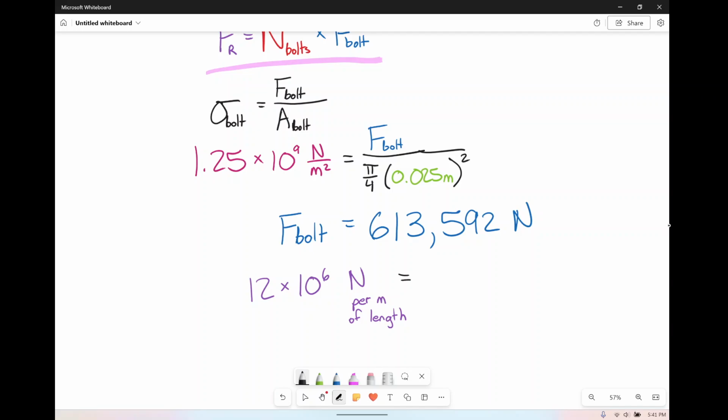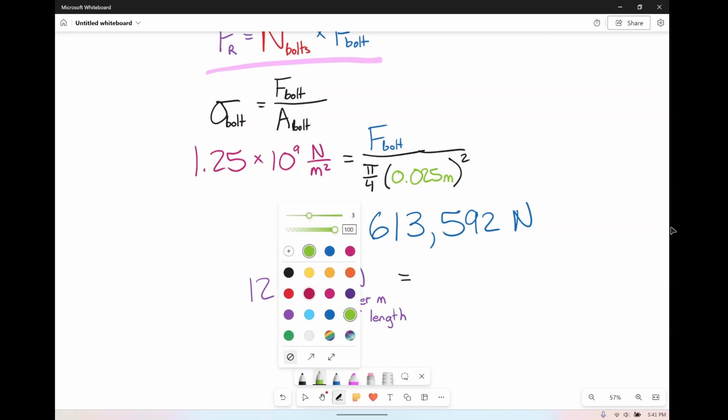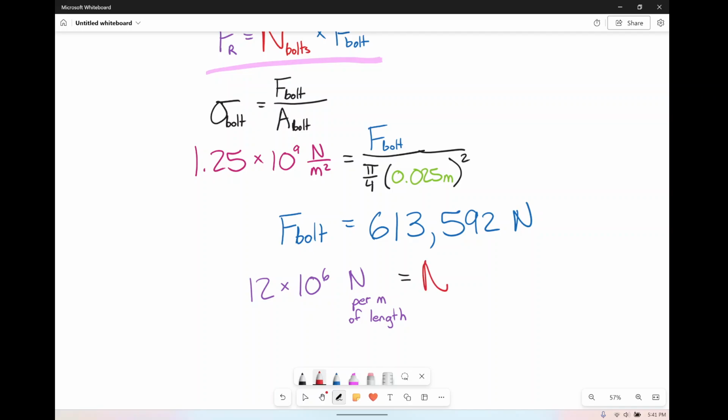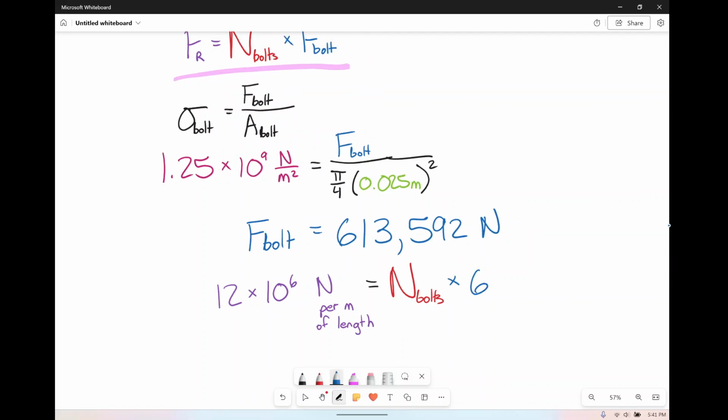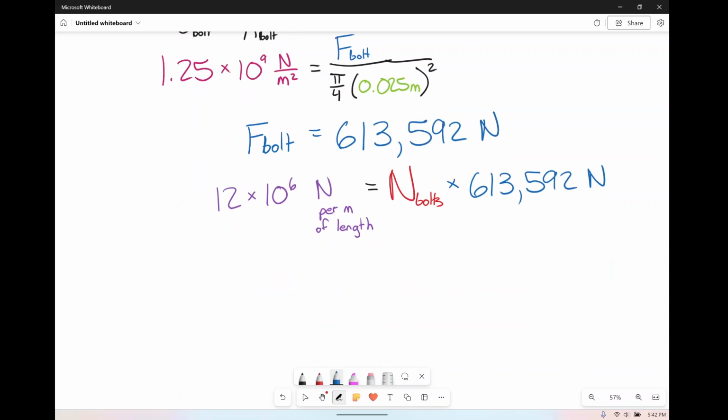And that is equal to the number of bolts that we have, God knows what that is, times, of course, the force of our bolt, 613,592 newtons.